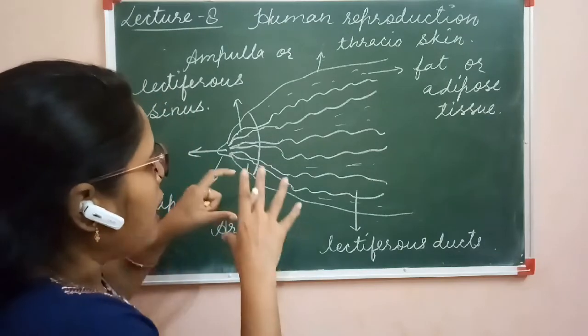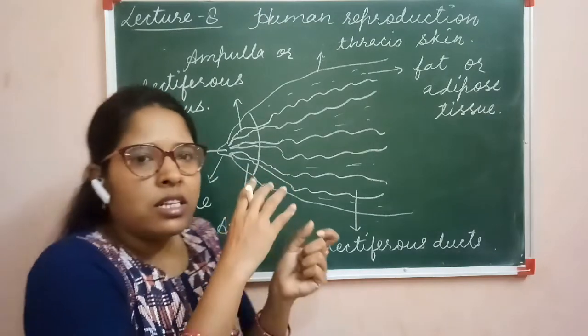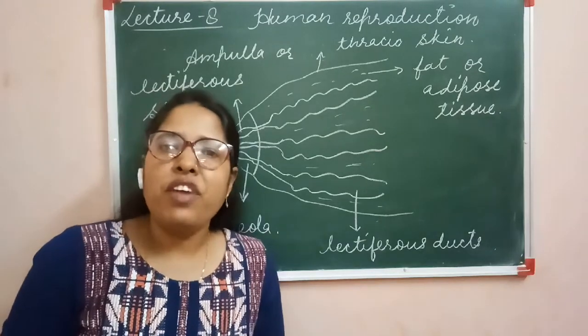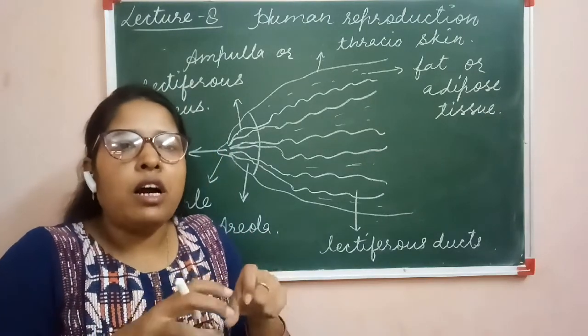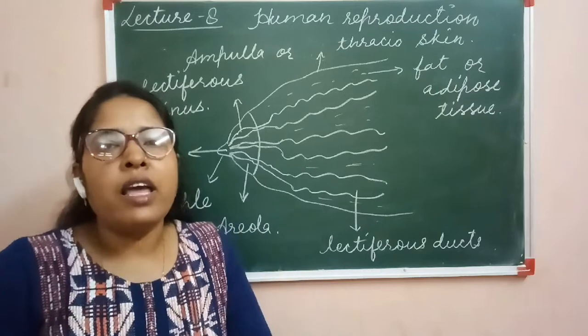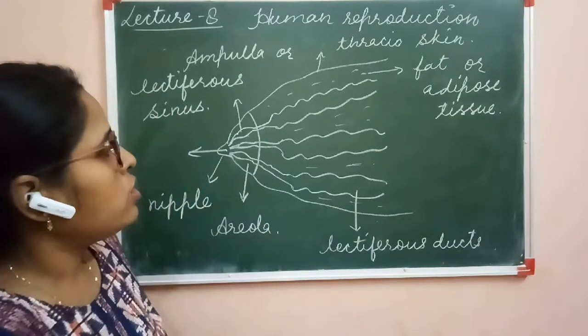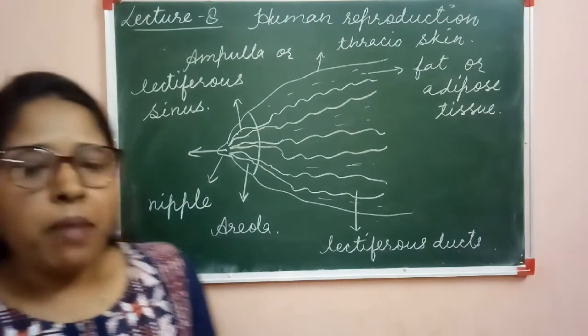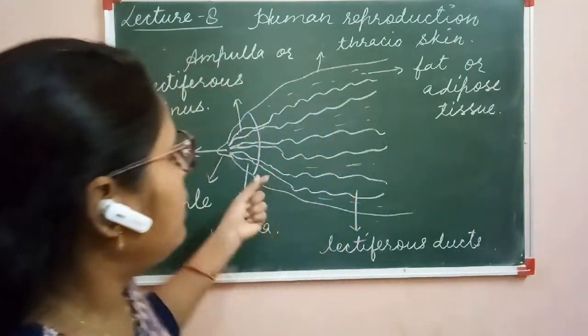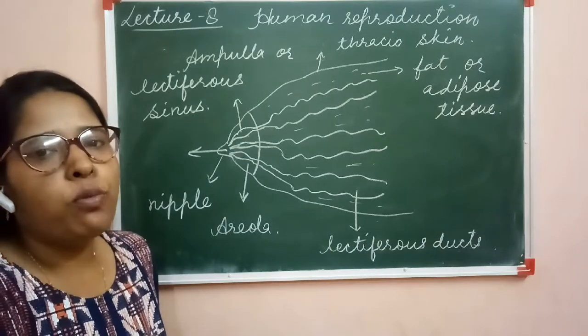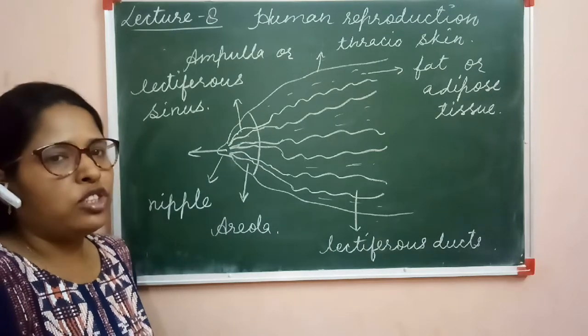Clear? The size of mammary glands starts enlarging at the puberty stage in females and becomes larger at the time of lactation. Clear? So this is all about the mammary glands. These are responsible for the secretion of milk in human females after the birth of a child.